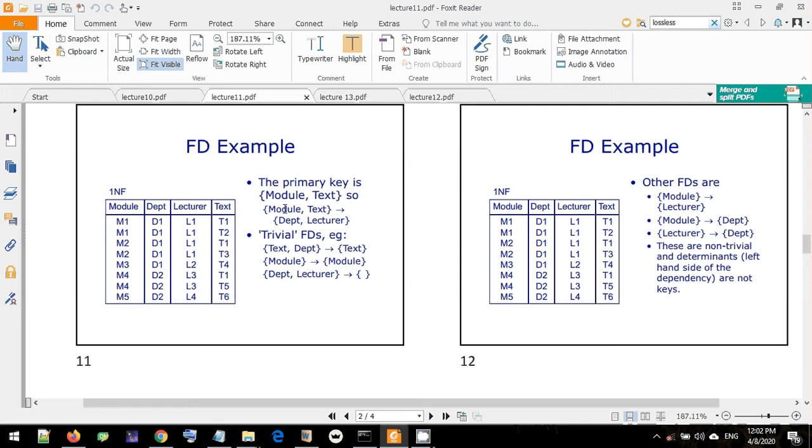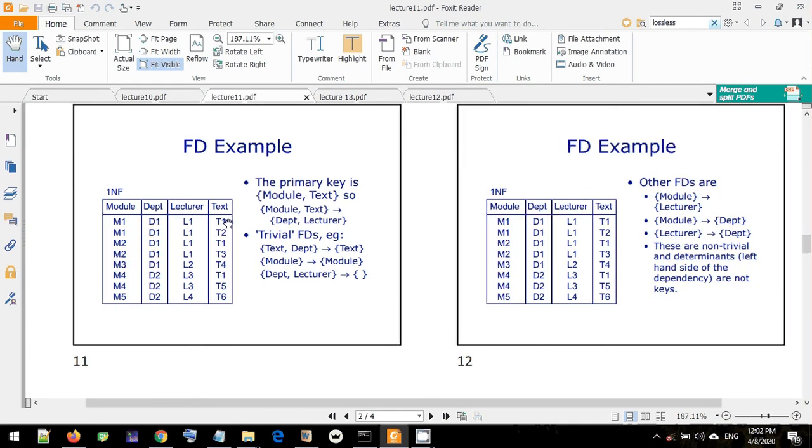So we will notice here that module, text functionally depends on department, lecturer. It means that if we have m1 t1, the values which will be assigned to it must be d1 and l1 for every m1 t1 occurring together.